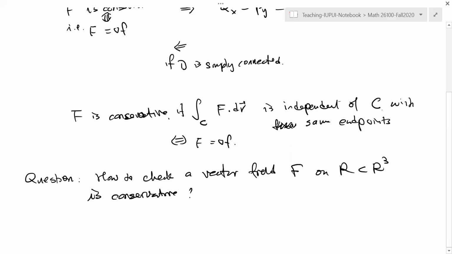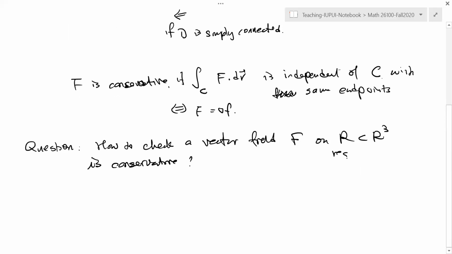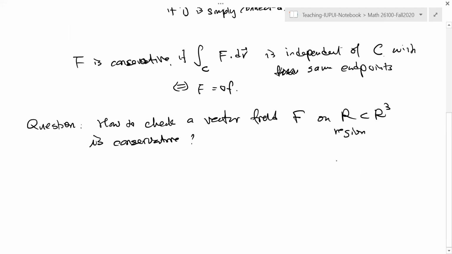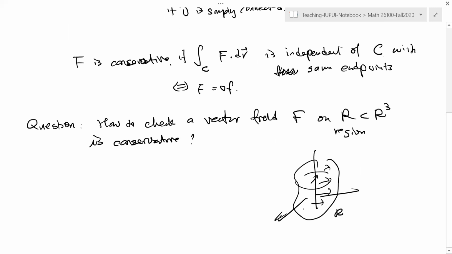This is the region. A vector field is defined in three-dimensional space. I still use D for the domain. We simply call the components P, Q, R, so there are three components.